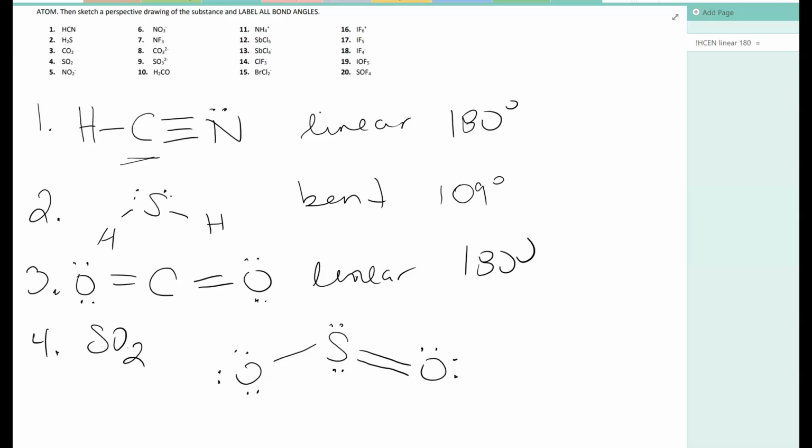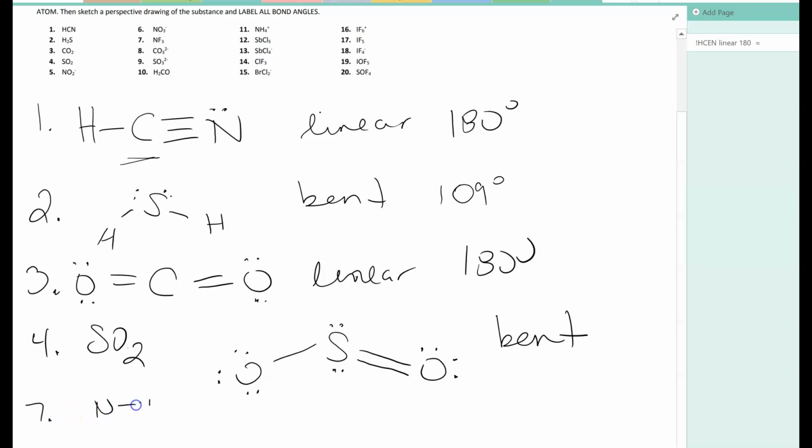Here, as you can see, oxygen is not using any of its electrons to make this bond, but then the sulfur is having an expanded octet. So this kind of structure is not something that you can necessarily know how to do. So I'm going to show you this, but we're going to skip over it, we're just going to call it bent.